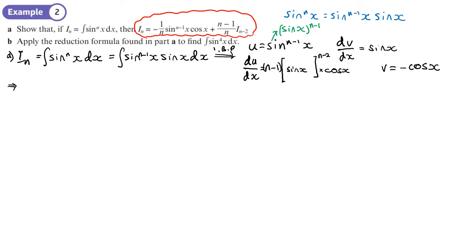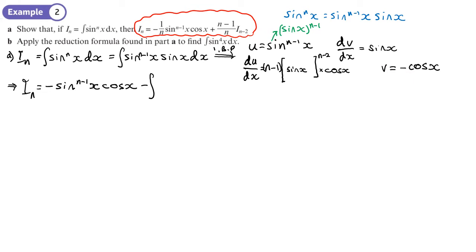Okay, so our integral is going to be using integration by parts, uv, so it'll be minus sine to the power n minus 1 x times cos x. So that's our u times v, and then minus the integral of v du/dx.